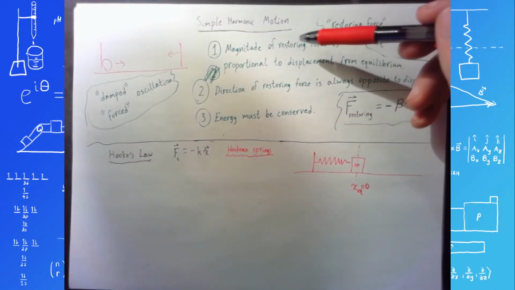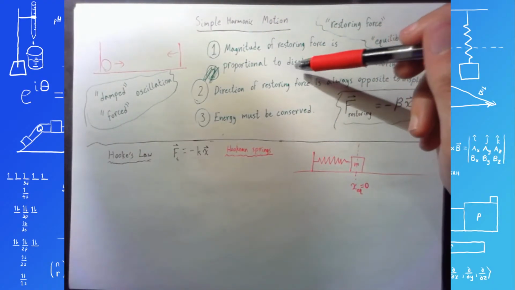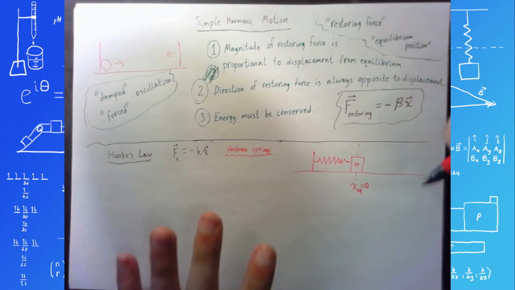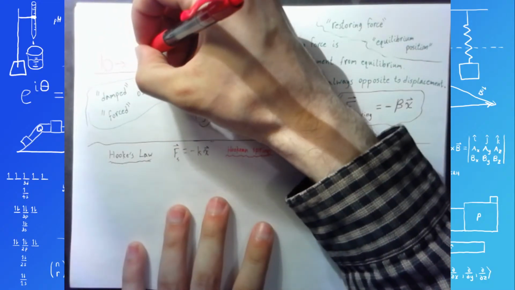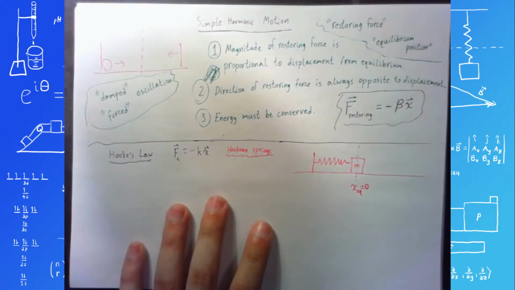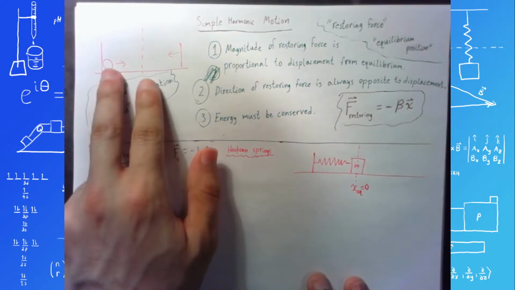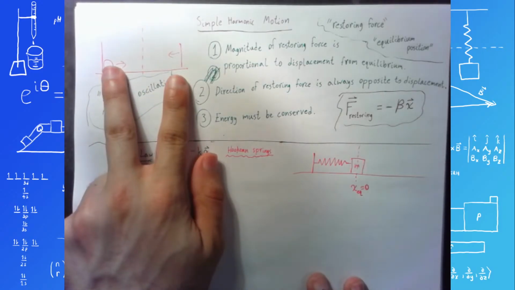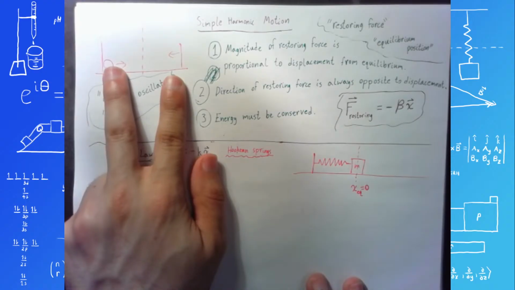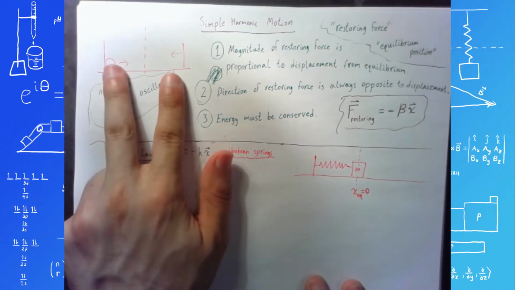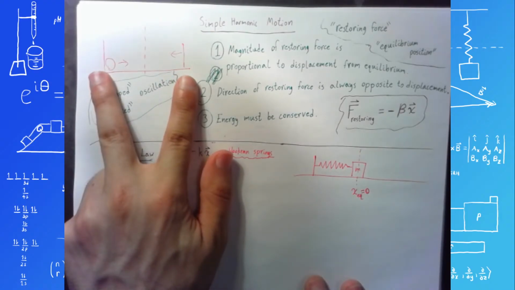Also, the magnitude of the restoring force should be proportional to displacement from equilibrium. If we say that this is the equilibrium position over here, then clearly there's a period in between the walls where the object can have any displacement from this line and there's no change in the force on it until, again, it hits one of those walls.